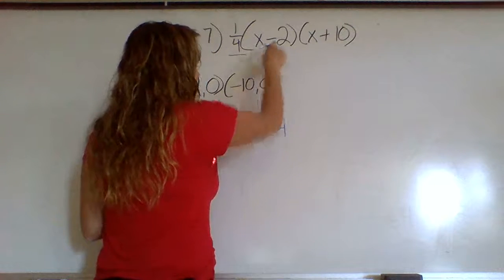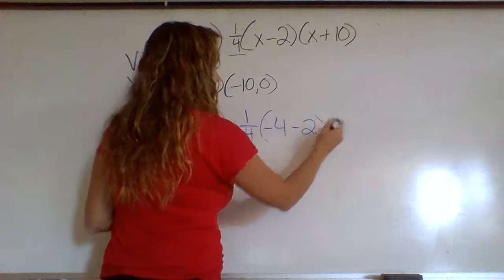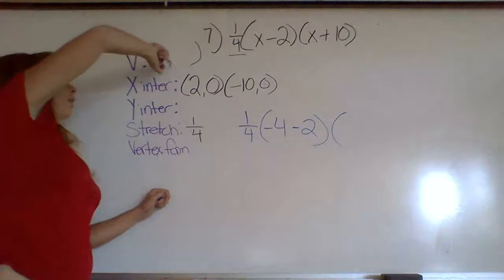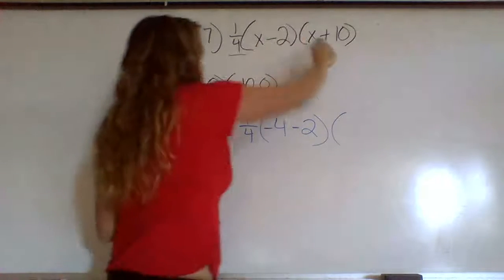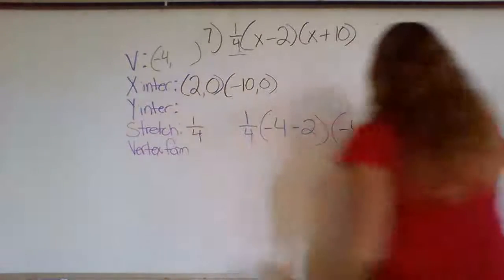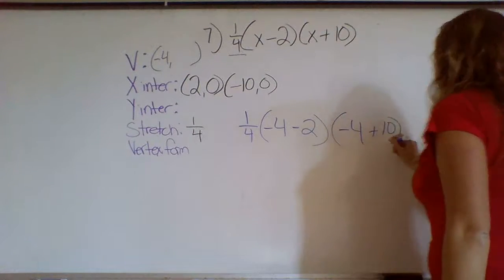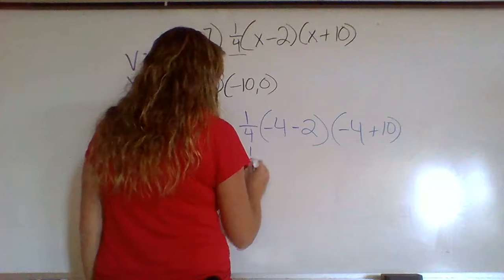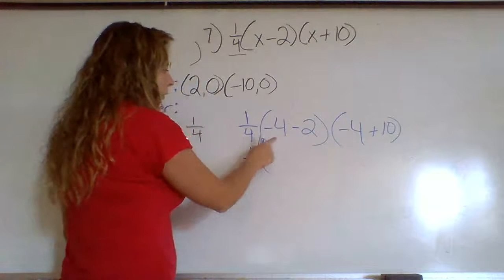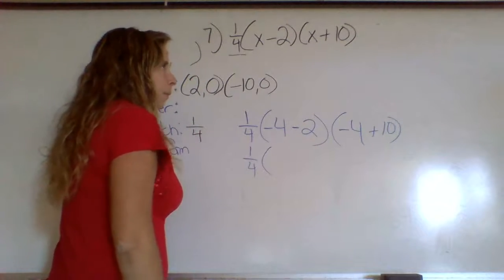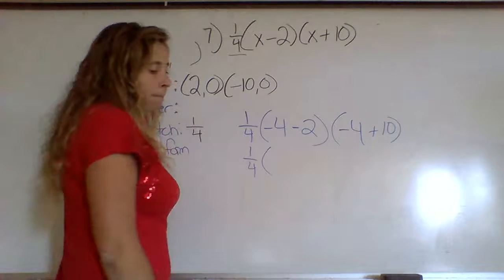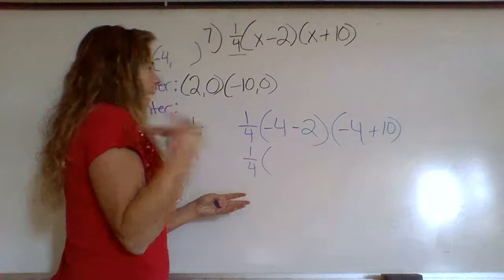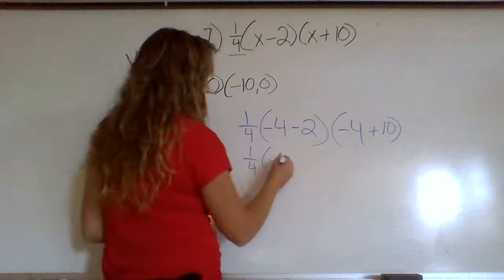So -4 minus 2, and then there's another x, so another -4 plus 10. -4 minus 2: if Gia steals $4 from me and Sam steals $2, I've lost a total of $6.